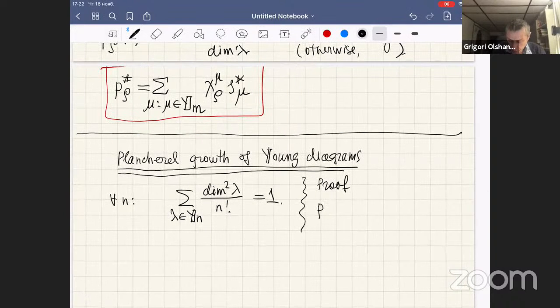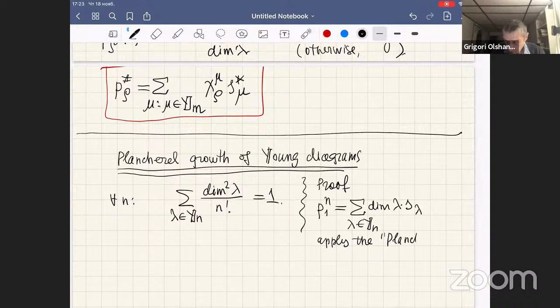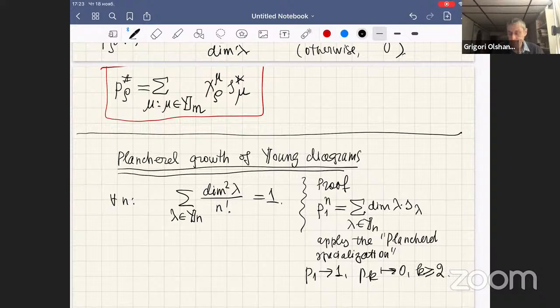We write the identity, and then apply to both sides of this equality what we call the Plancherel specialization, which is as follows: p_1 goes to 1 and p_k goes to 0 for all other k.